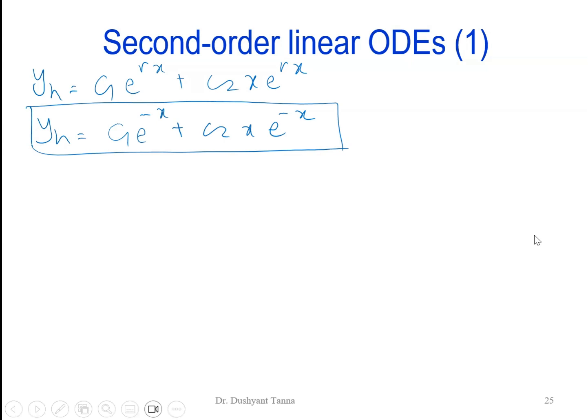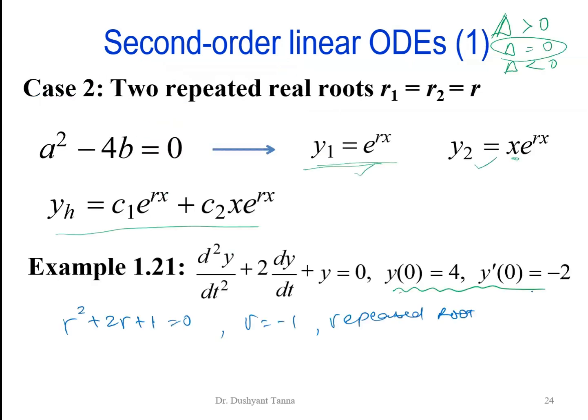This would have stopped here if the additional condition were not given. But since they are given, we will have to put it in the equation and then clear our C1 and C2.